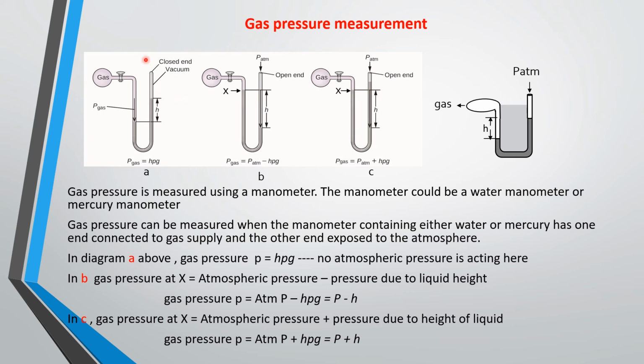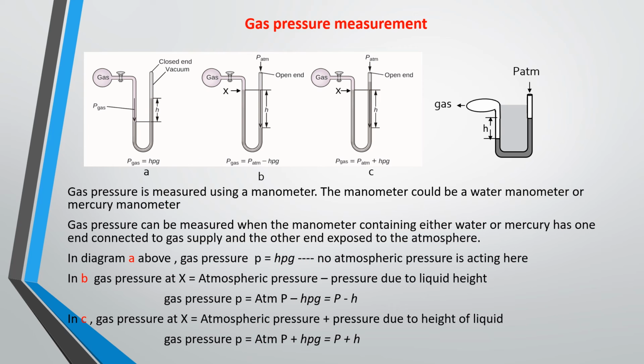So for diagram A here, you see that one end of the manometer is connected to the gas while the other end is closed. Because the other end is closed, the pressure of this gas is just the pressure that the gas exerts on whatever liquid is here, and that is given as density times height times g.